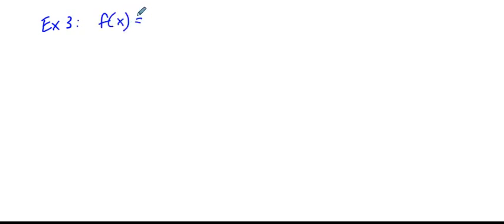So the last one is the initial value of the tan function. So what do we have here? We have negative square root of 3 tan of x plus pi over 3 minus 5.